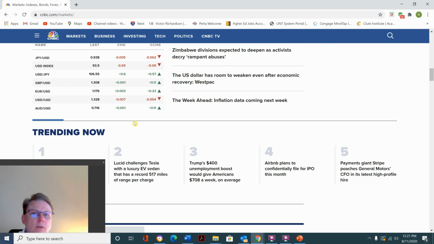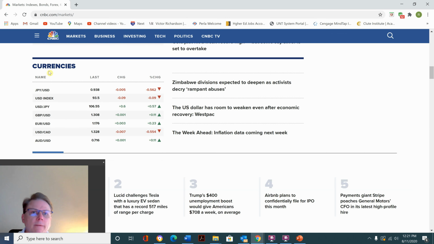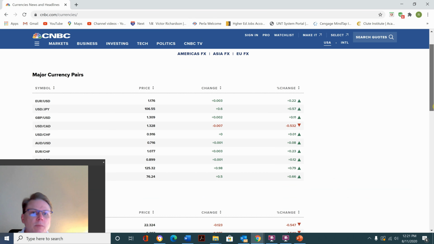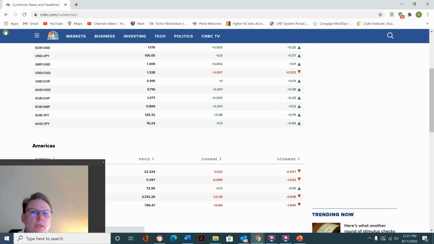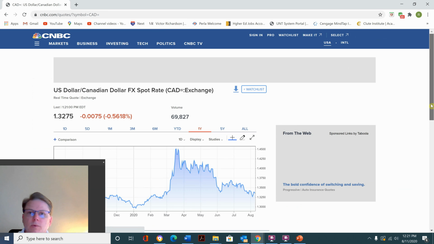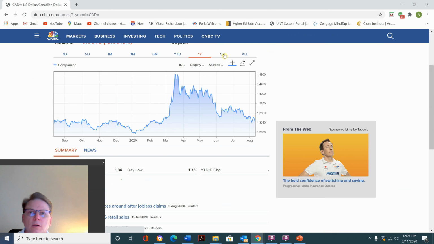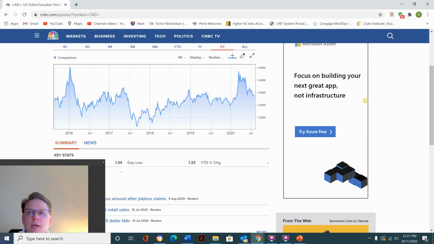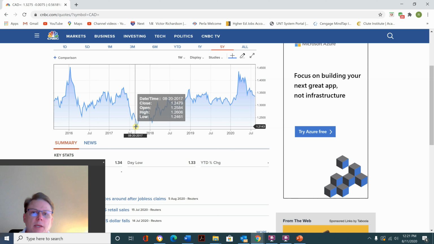Let's go to all currencies. And here we go. So if we pull up US Canadian currencies, and if we go here to 5 years, you can see that the US dollar to the Canadian dollar back here in 17 it was $1.21.